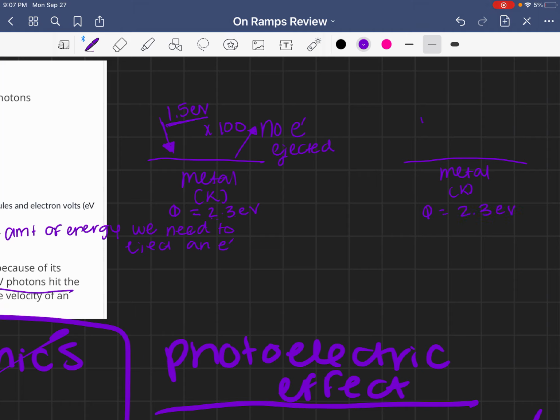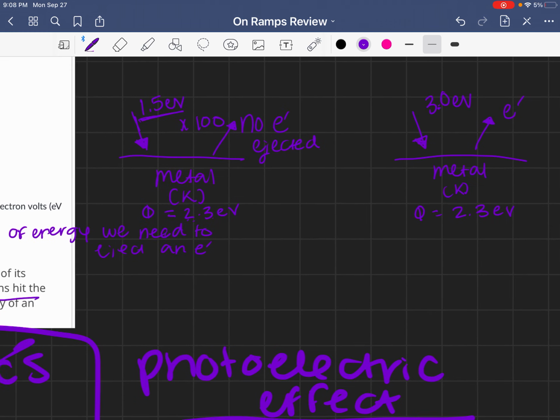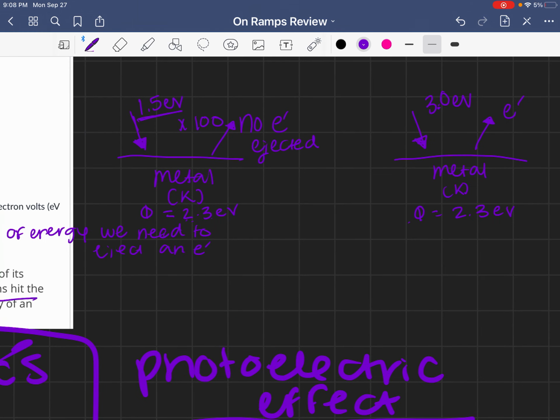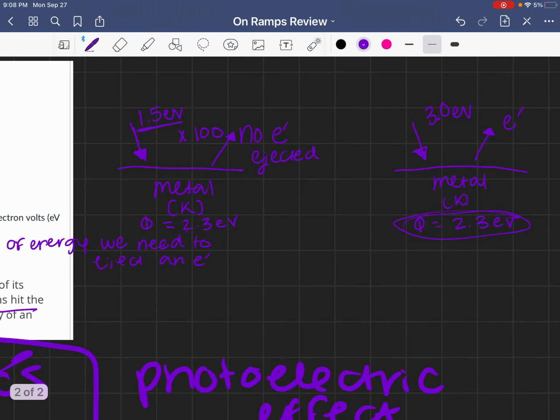But now we have a 3.0 eV photon hitting the metal surface. 3.0 is greater than 2.3, so we are going to eject an electron. Okay, so it has to be greater than the work function to eject an electron, and it is in this case greater. So we do have some energy left over.